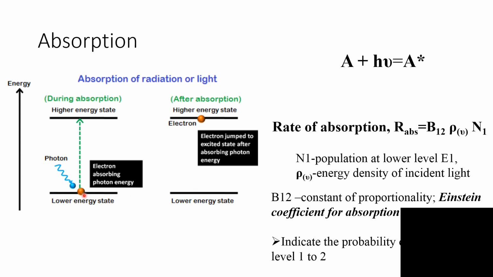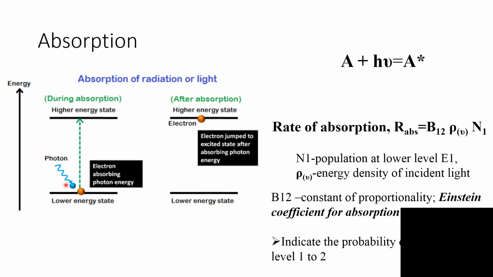If there is no population, how many photons will come? Neither will a photon be absorbed, nor will an electron go up to the upper energy level. So for absorption, it's really needed to have population in the lower energy state.